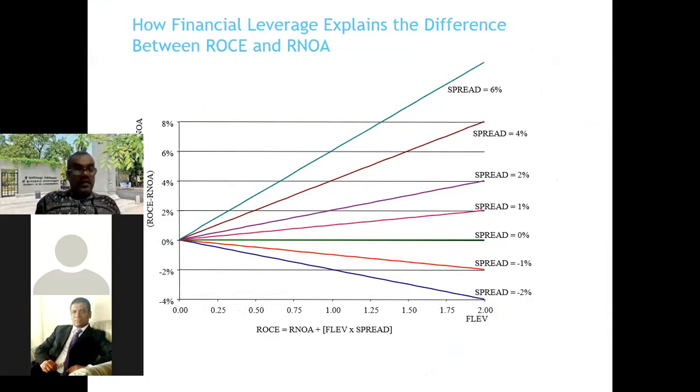So if you look at the 0 point, the y-axis, that means there is no difference between ROCE and RNOA. That means spread, the impact of financial leverage is 0, no difference.